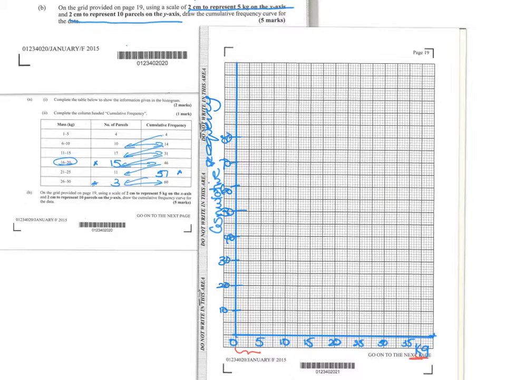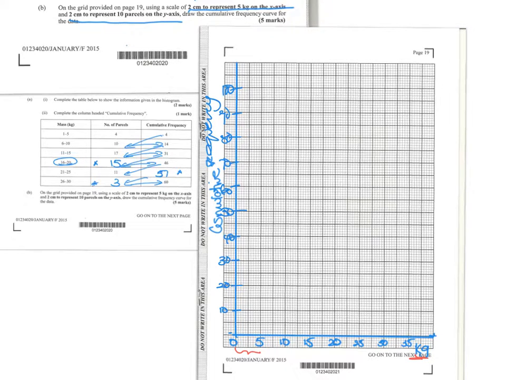Then that means that every little block here is 1, and on the x-axis every 2 blocks is 1, so every 1 block is a half.